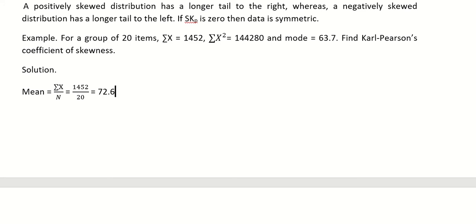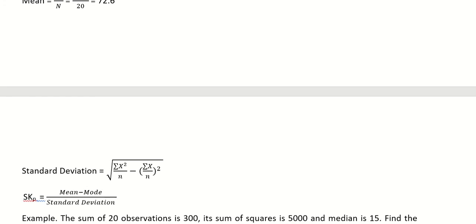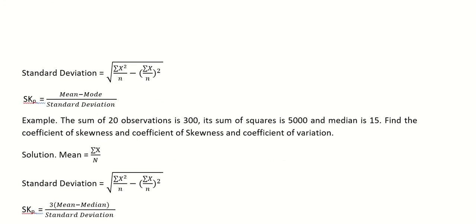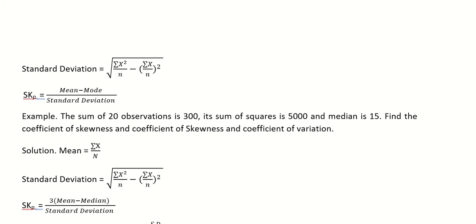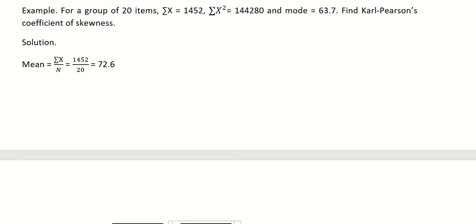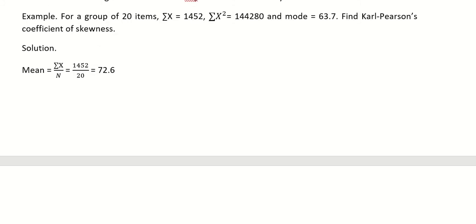Now I will calculate standard deviation. The formula of standard deviation is: under the root, summation x square upon n minus summation x upon n's whole square. We will apply these values. Summation of x square is given to us, that is 144280.